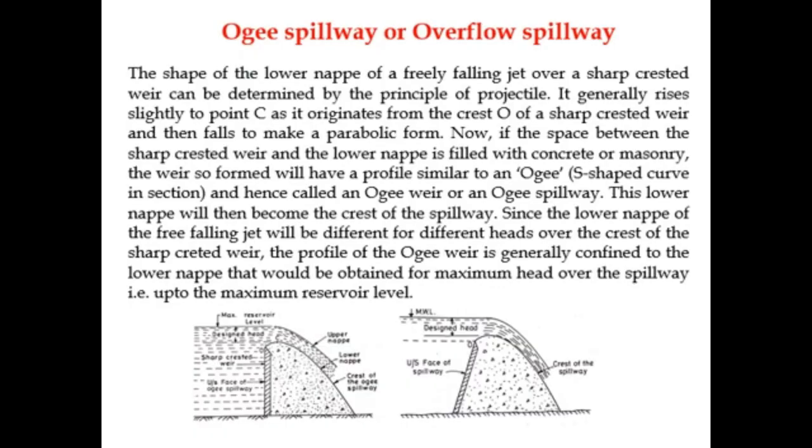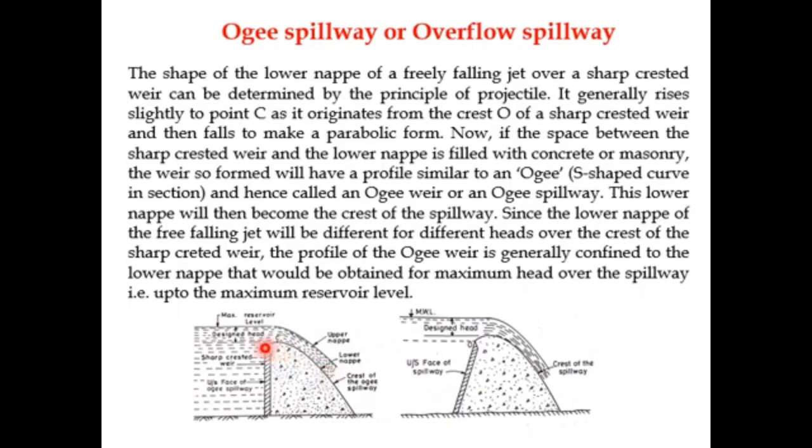The shape of the lower nappe of a free-falling jet over a sharp-crested weir can be determined. Consider a case of a sharp-crested weir. When the water level rises up to the crest and then exceeds it, the jet of water first rises from the point O up to the crest, the point C, and then falls in a parabolic form.